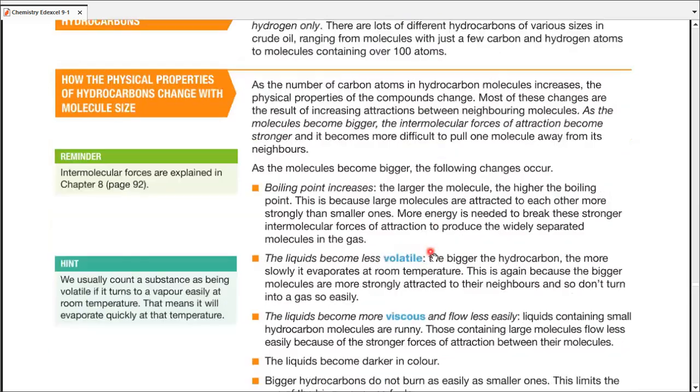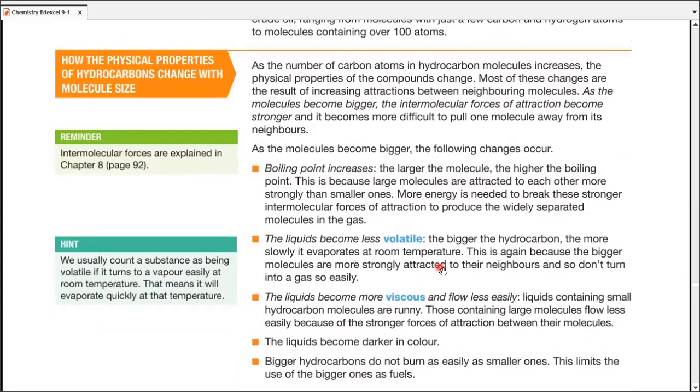When it comes to the physical properties, the number of carbon atoms per molecule is something that we emphasize, because that's the way we categorize our compounds, and that's how physical properties of the compounds change. Remember, the bigger the compound, meaning the more carbon atoms in a molecule, the higher the number of attractions.